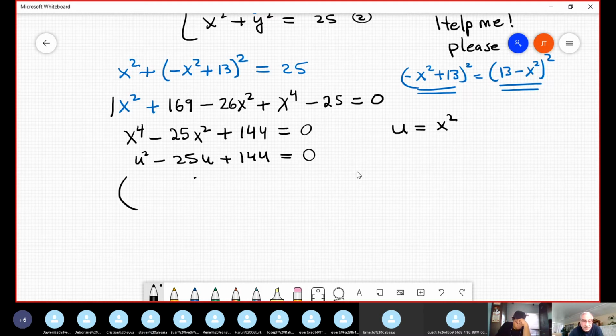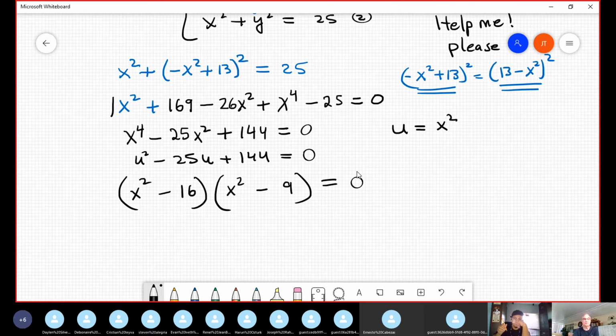Another point of view is factorization directly without u. Personally, I like this way. X squared, because the square root of this guy is x squared, and the combination in this case is 16 and 9, because 16 times 9 is 144, and 16 plus 9 is 25, both negative. Do you see that?